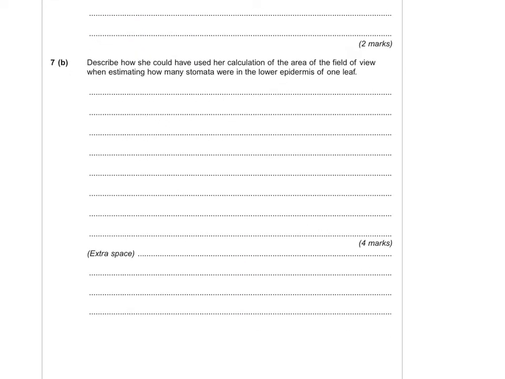7b, describe how she could have used her calculation of the area of the field of view when estimating how many stomata were in the lower epidermis of one leaf. So we're going to need to know the leaf area, aren't we?